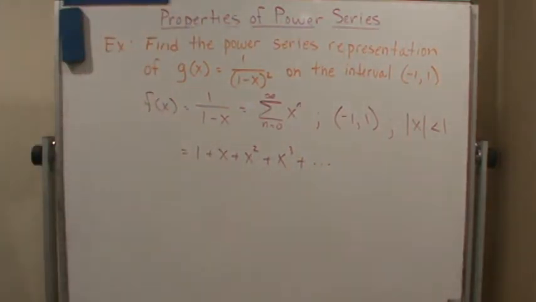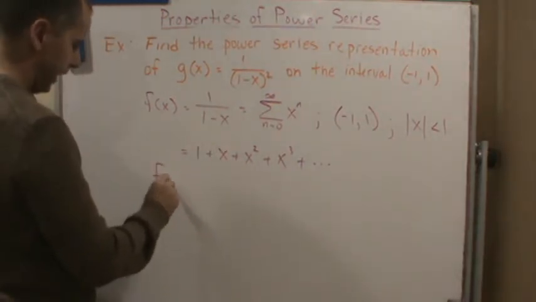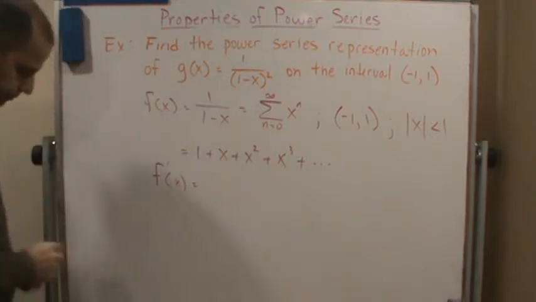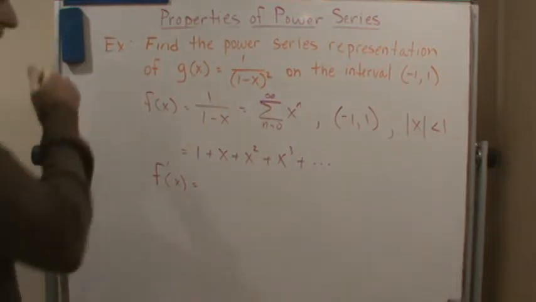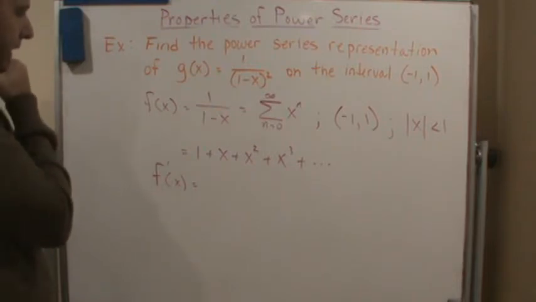Okay, so now let's differentiate this and see what we get. F prime of x. Let's see how we can set this up.